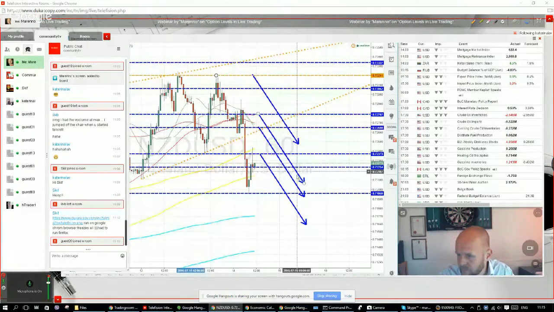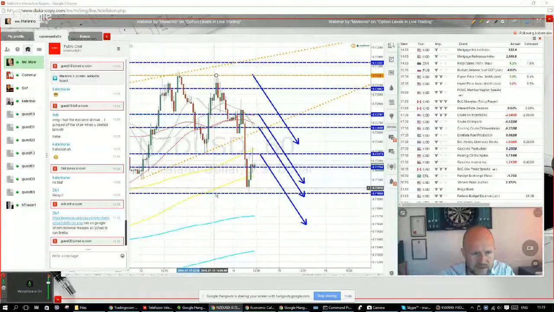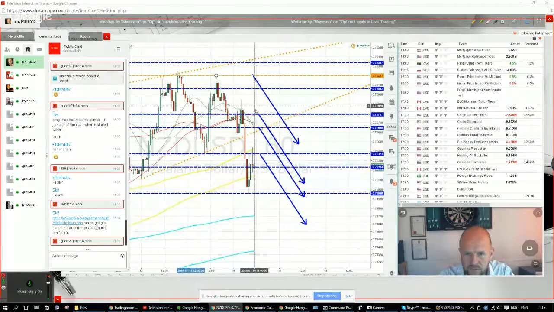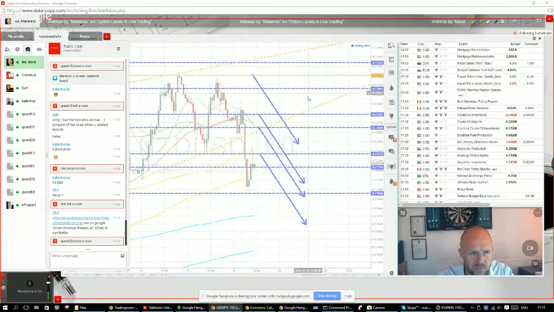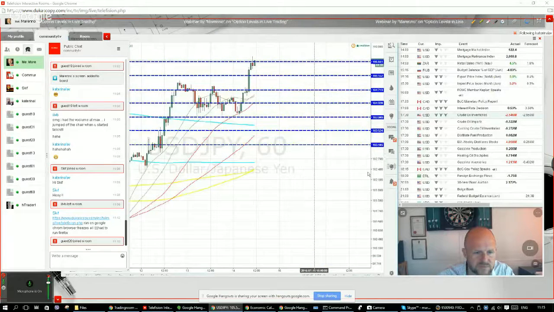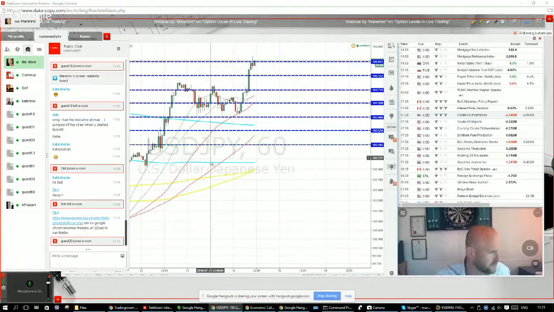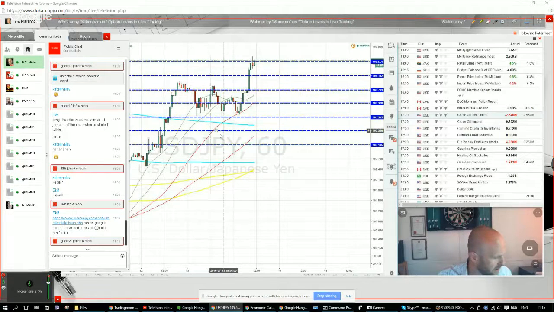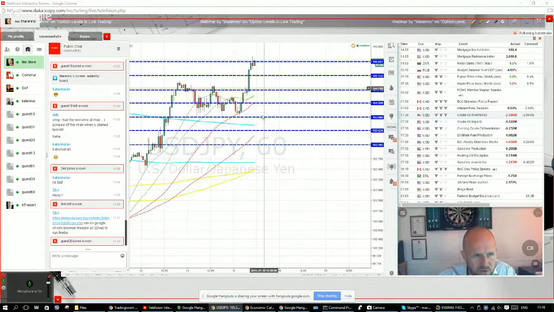Let's go further. Let's have a look at what is going on with other instruments. Right, so it's dollar yen. My price action is showing me that selling is more likely to happen today than buying.